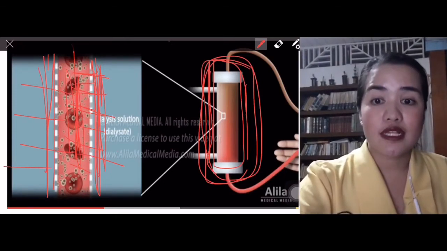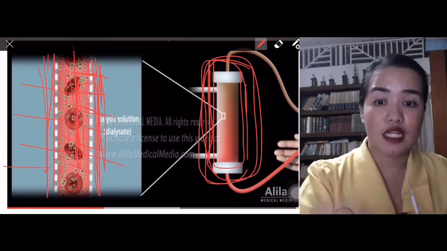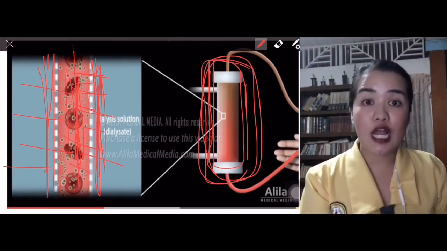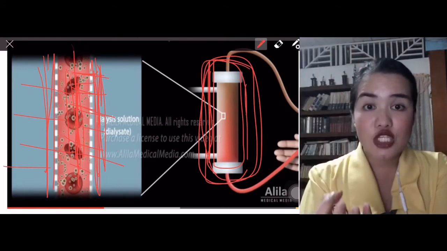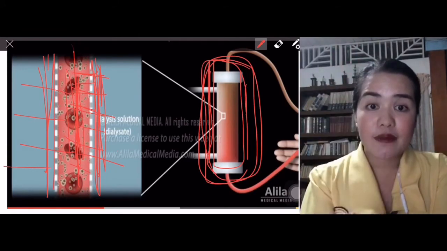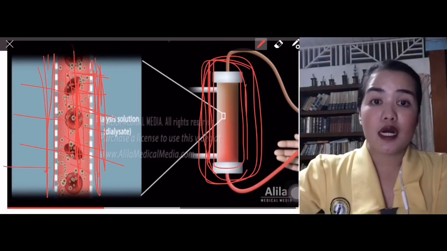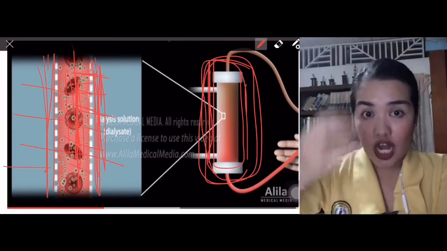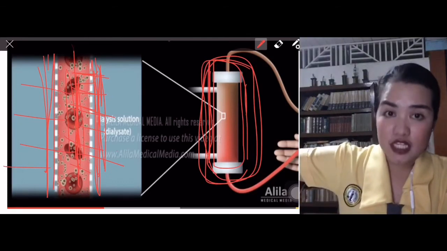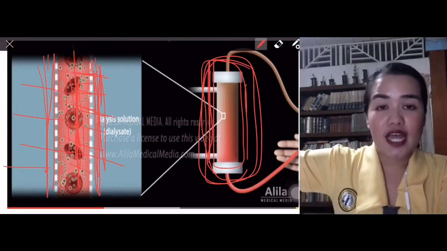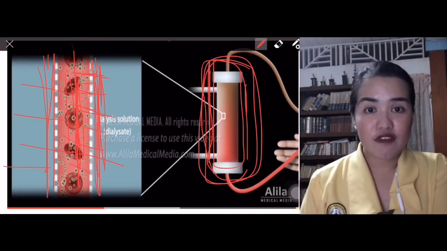So it will travel through the dialysate. It will be filtered out using the hollow fibers of the dialyzer, and then it will be purified back to the second collection tube, down to the second needle, then to the vein of the patient, then back to the circulation of the patient.